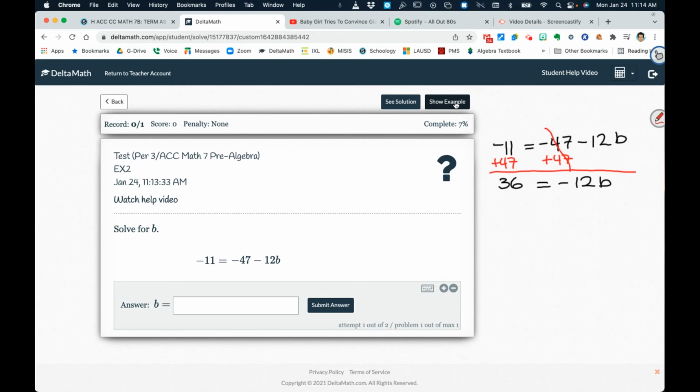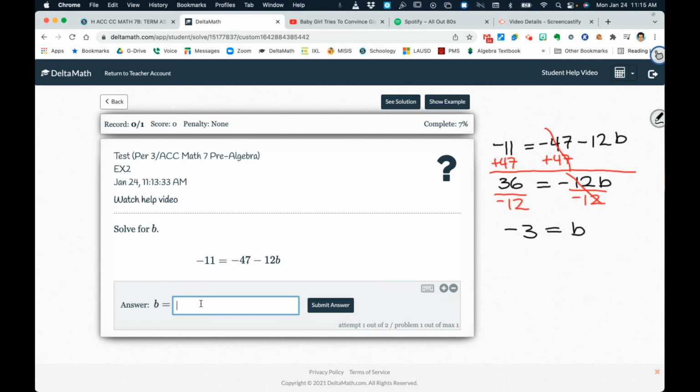Okay? And so I want to get rid of the negative 12. It's being multiplied with b, so we divide it away. And it has to be a negative 12 to cancel. And that would just leave b over here. And over here, 36 divided by negative 12 is negative 3.